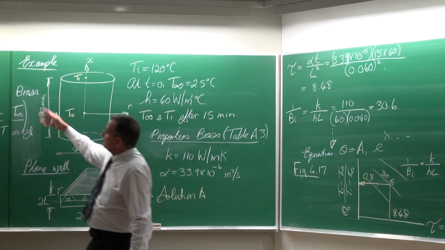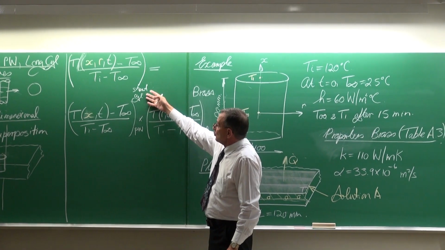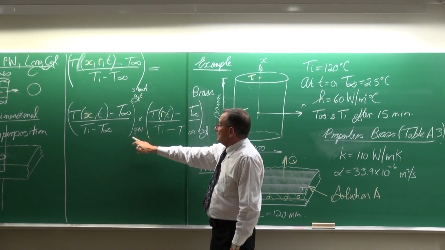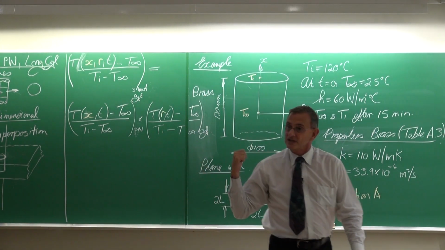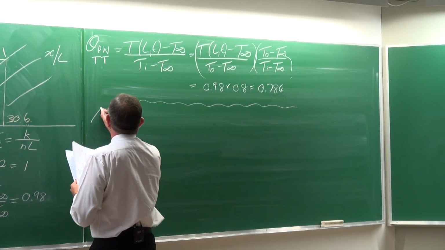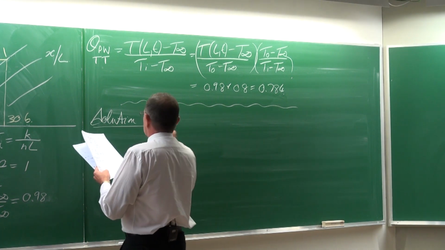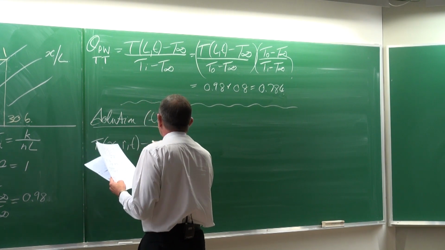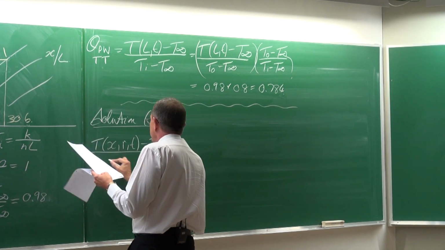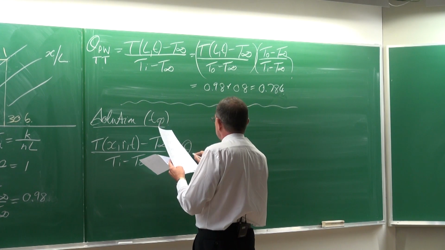Now, in terms of the superposition, if we want to have the solution for a short cylinder, then we need the solution for the plane wall at this level multiplied by that of the cylinder, which we've already done. So in terms of the solution for the top, you can say that the temperature, which is a function of x, r, and t, minus T infinite divided by Ti minus T infinite is equal to the non-dimensionalized temperature.